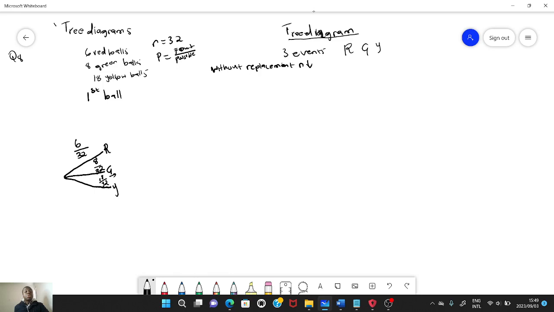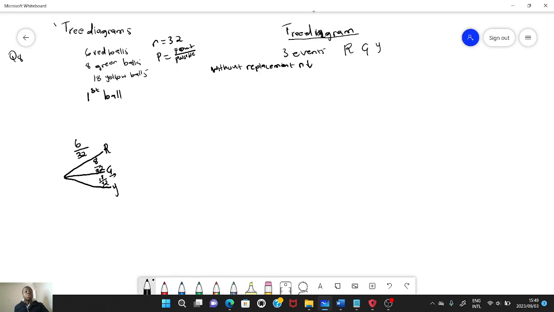Now we are looking at the second ball. If we have already taken the first ball out of the bag without retaining it, it simply means that the sample space decreases. Now the total number of balls in this case is no longer 32, but it is 31. So I know that in this case my sample space will be 31.